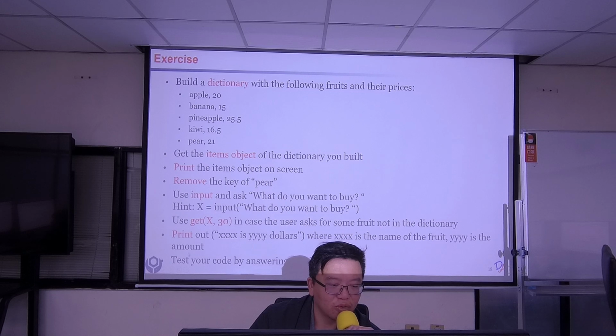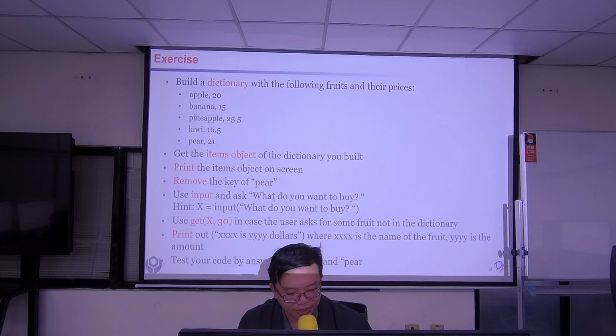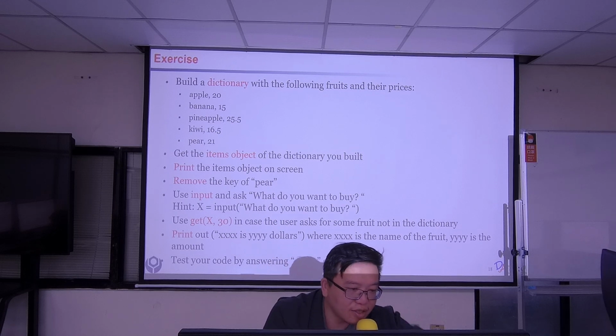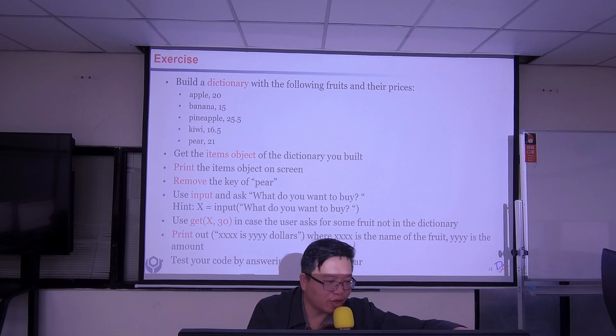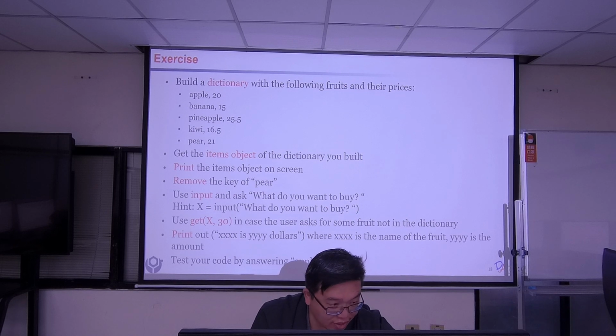Once you are done with the code, test your own code and try to answer apple or pear. If you do this right, if you type in apple, the price is going to be $20, and the pear is going to be $30, not $21, because it was removed. So try this. If you're done, raise your hand and show it to the TA, then you are done for today.